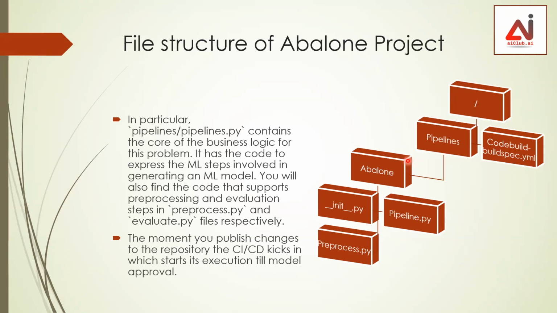As you publish, the CI/CD cycle will kick in. Though it may take some time, it is going to start in the background. AWS offers various facilities for code repositories, code build, and deployment, and all these are implemented under this CI/CD as you publish your changes.